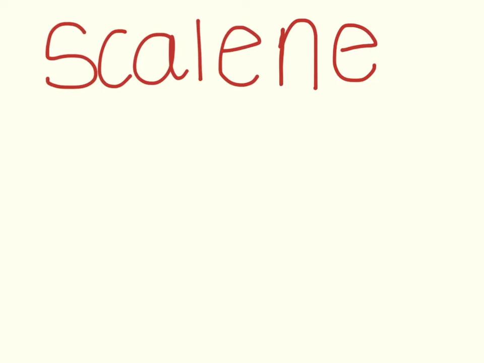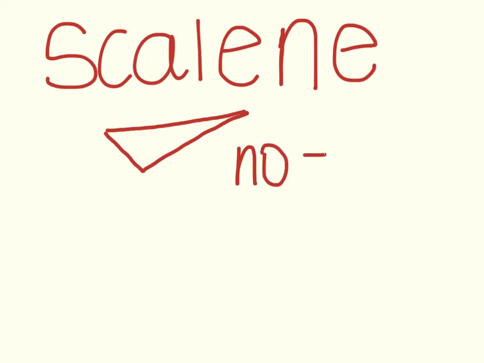Would you go ahead and draw what you think a scalene triangle might look like? Think about what an equilateral triangle has and what an isosceles triangle has. Press pause and draw what you think. Did yours look something like this? It doesn't have to. But a scalene triangle has no equal sides.